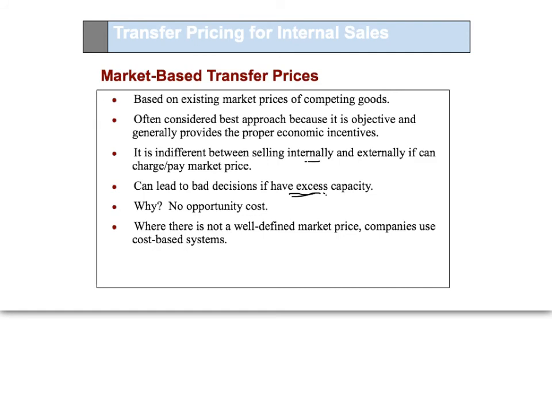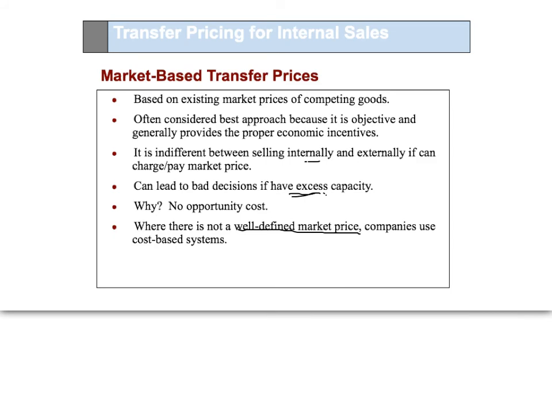If we have excess capacity, then we can also produce internally, and therefore the market-based price would not be a factor. Also, it's very difficult to come up with a well-defined market price. That market price includes transportation, includes marketing, includes a number of different things.